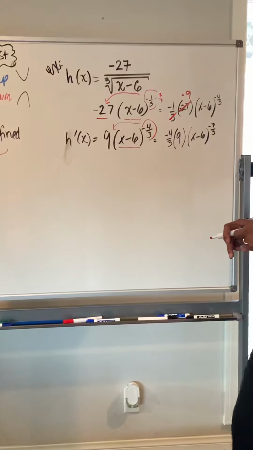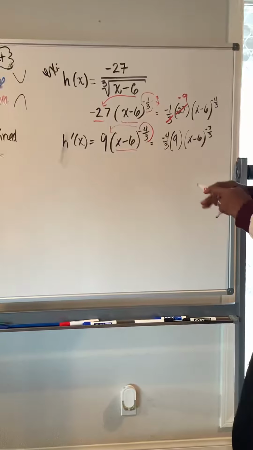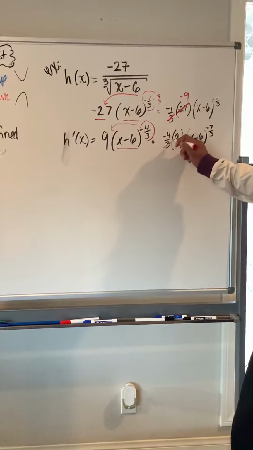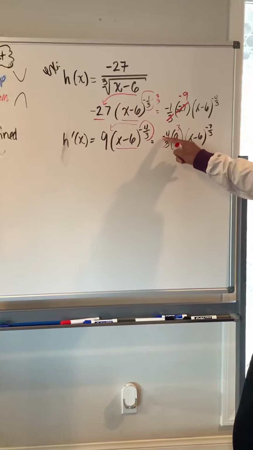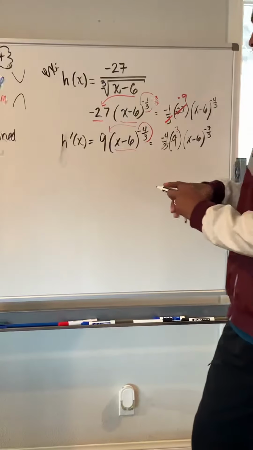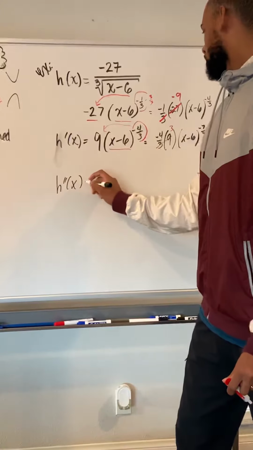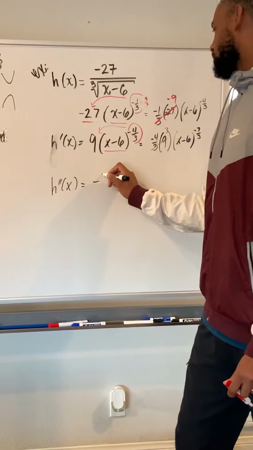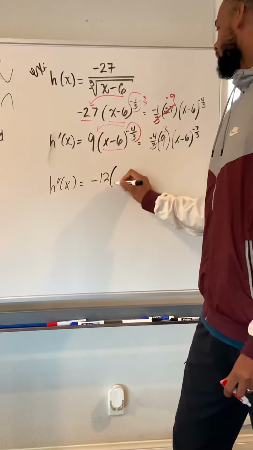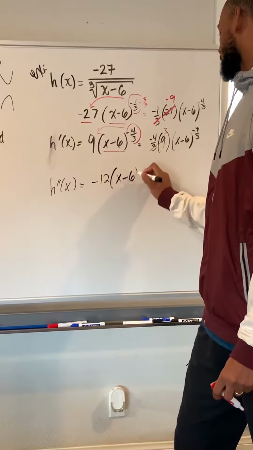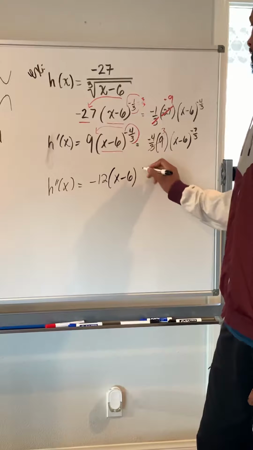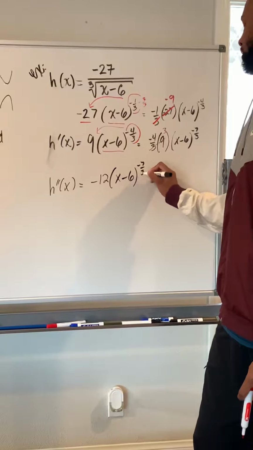All right. Ooh, 3's cancel out. 3 goes into 9 3 times. So I got negative 4 times 3. My second derivative is going to be negative 12 times x minus 6 to the negative 7/3 power.